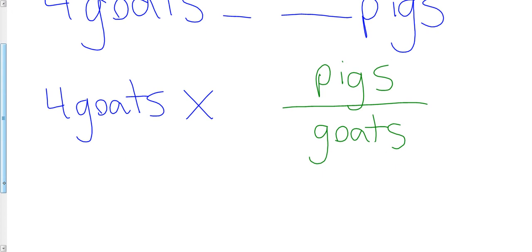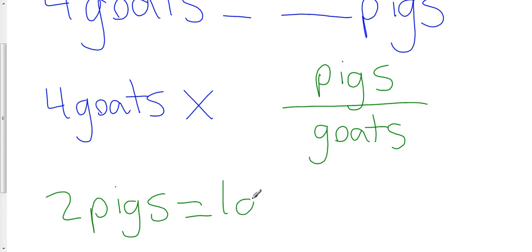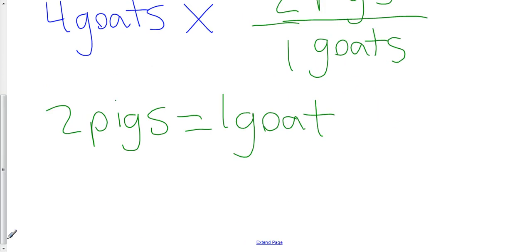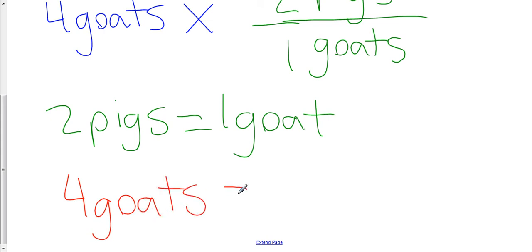Let's say that 2 pigs are worth 1 goat. Let's say we knew that. Maybe we made that trade before. Well, then I have 2 pigs up here. I have 1 goat down here. And 4 times 2 is 8, which means that 4 goats is, you got it, equal to 8 pigs.